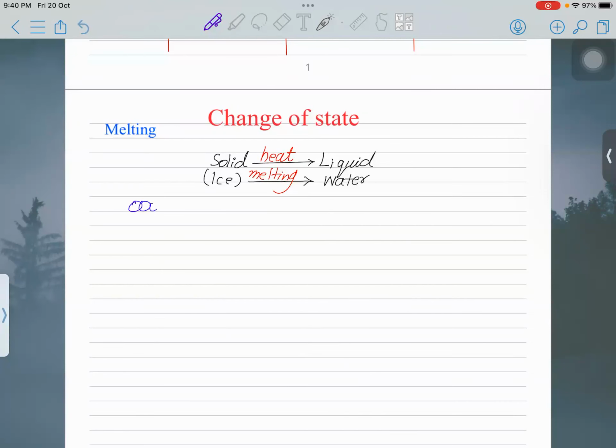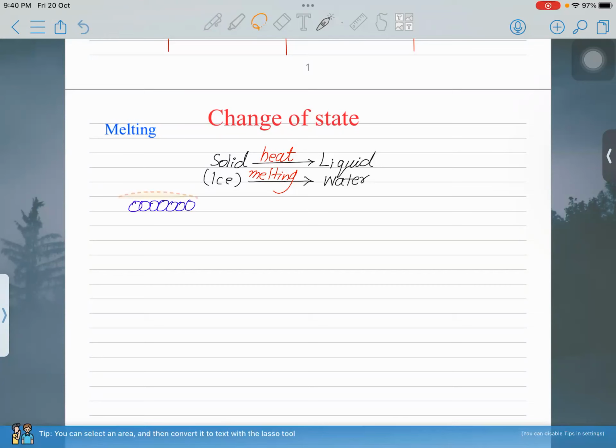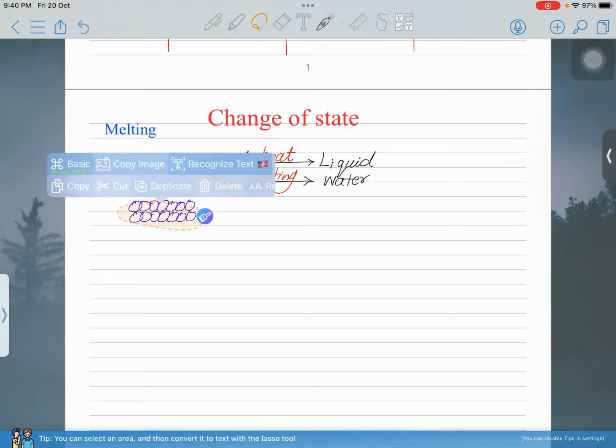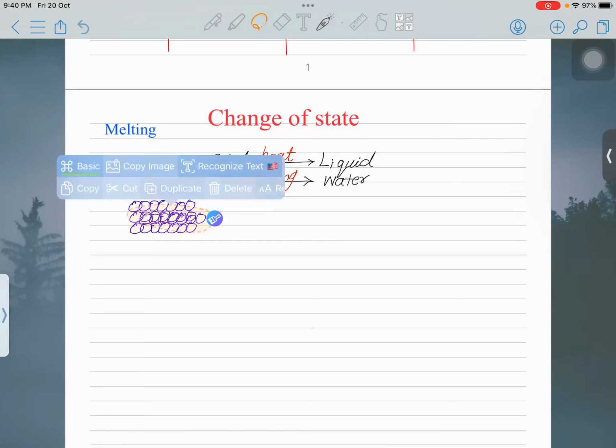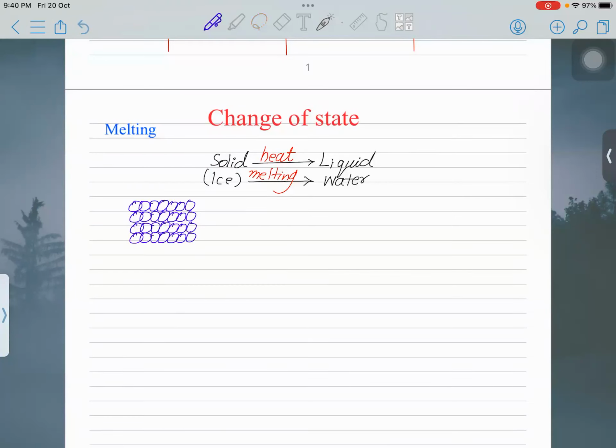Now look at the structure. This is solid. This is ice. When you supply heat, molecules vibrate.